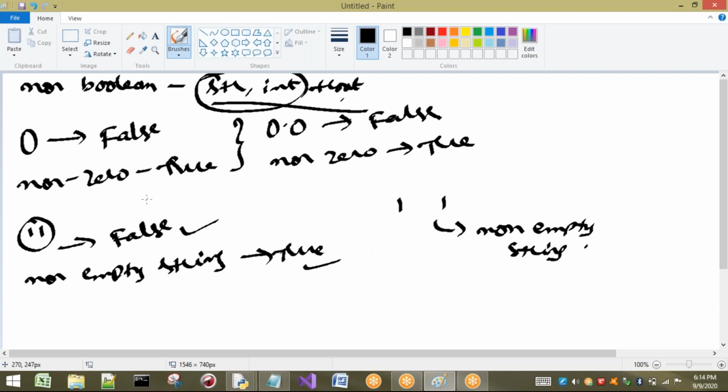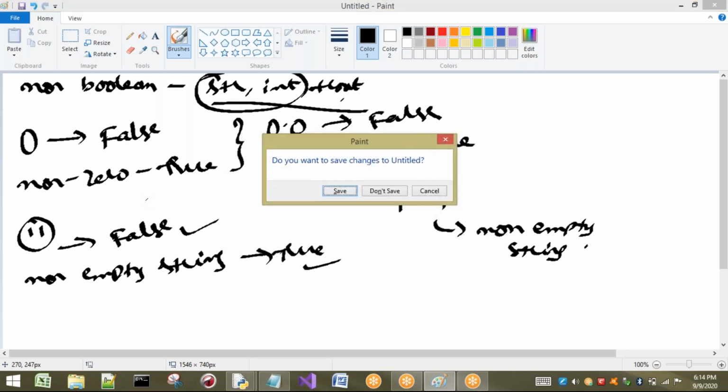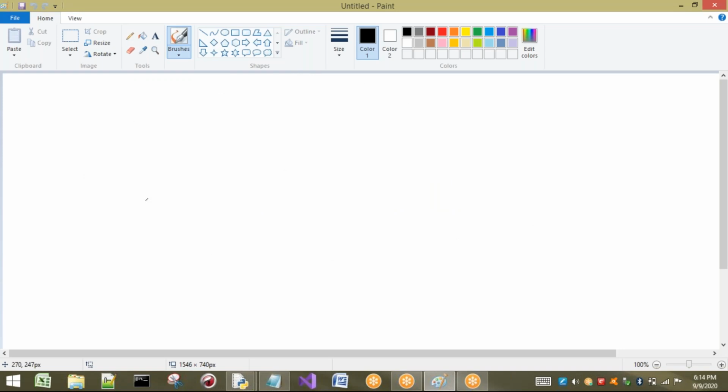Now let us see examples for these operators. If you are unable to remember those rules, I will write them aside here: and, or, not. Here TT gives T. TF, the answer is false.